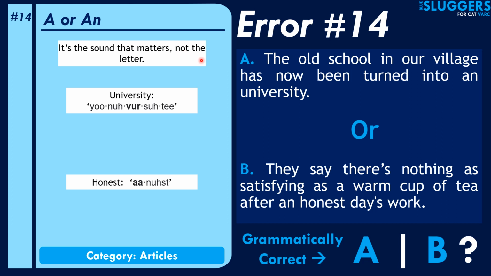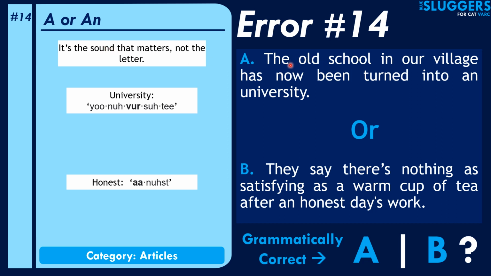If a word starts with a consonant, you use a. Your vowels are A, E, I, O, U, and the rest of the letters in the alphabet are your consonants, right? But the thing is, it's not the letter that matters, okay? It's the sound that is created when you're pronouncing that word correctly.